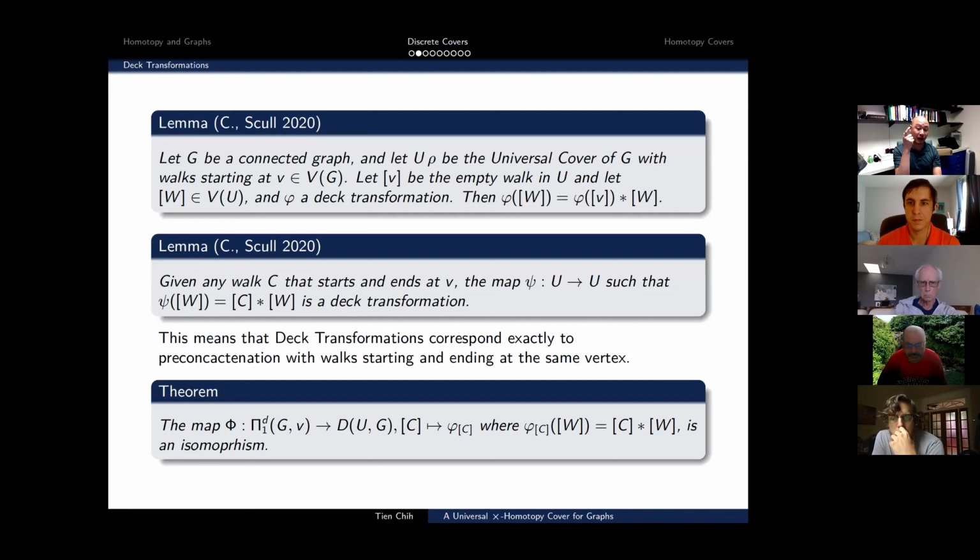And any walk that starts and ends with V, if I do that, is a deck transformation, and all deck transformations can be expressed that way. And so it's isomorphic then to the discrete group in the graph, the walks that start and end with themselves.